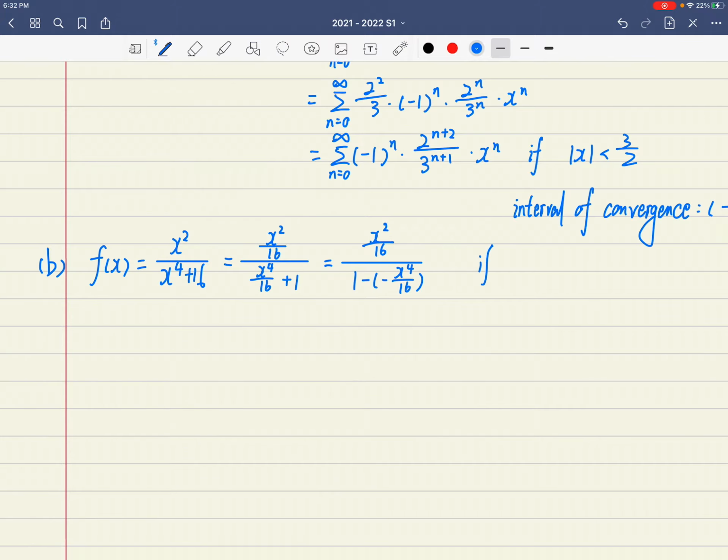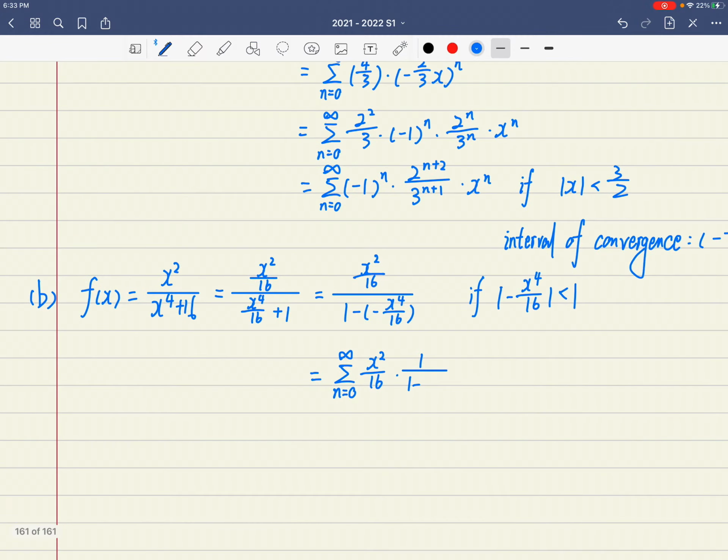Okay, again, if my r has an absolute value smaller than 1, then I can rewrite this fraction as the geometric series, right? From 0 to infinity, this is a times 1 over 1 minus r, which is the sum of a times r to the power of n.